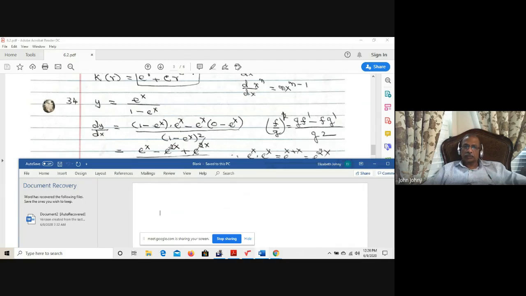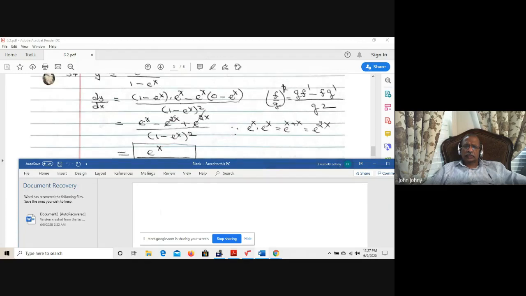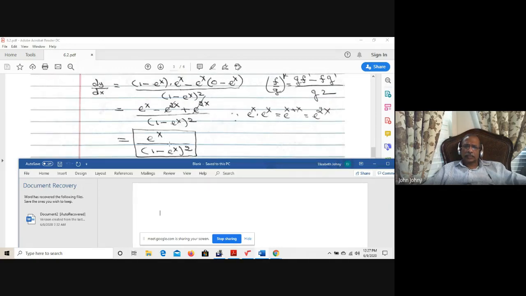So that's minus e to the 2x. The other term: when you multiply these two, negative and negative makes a positive, e to the 2x. e to the 2x cancels. So the final answer is e to the x divided by 1 minus e to the x, the whole square. That is the answer.